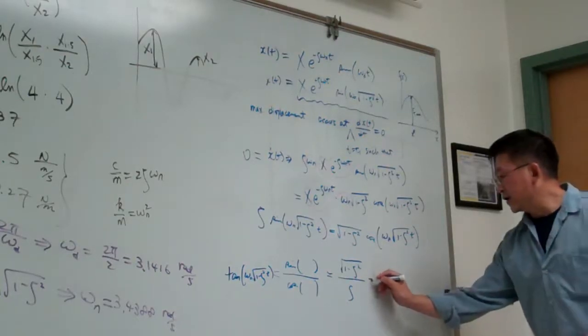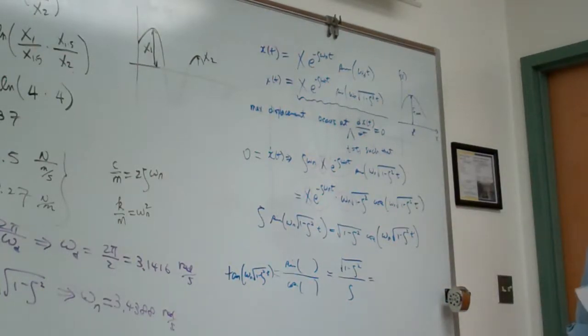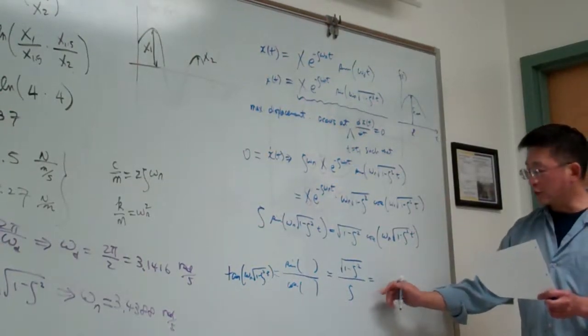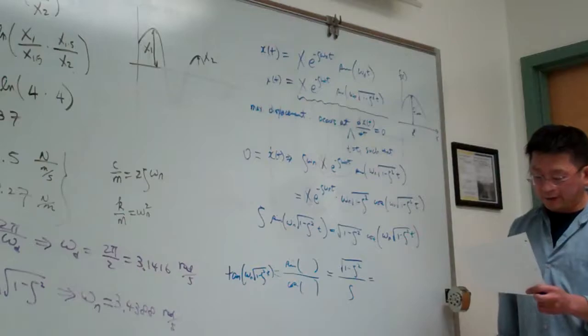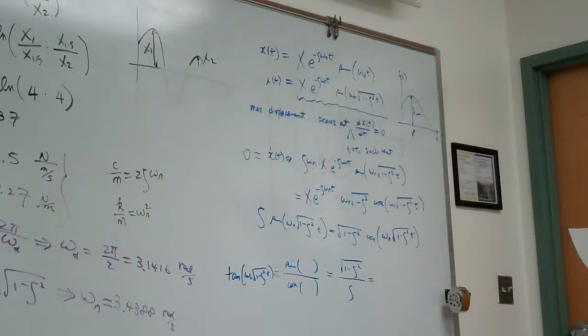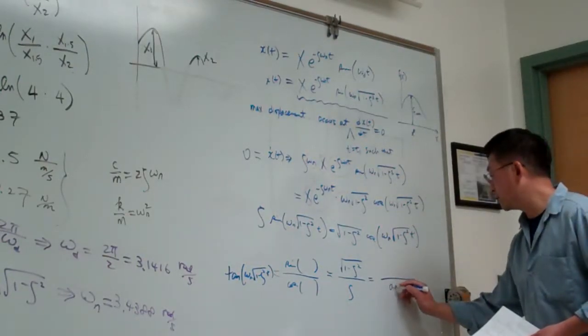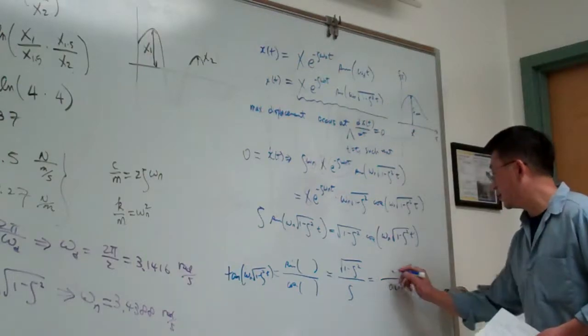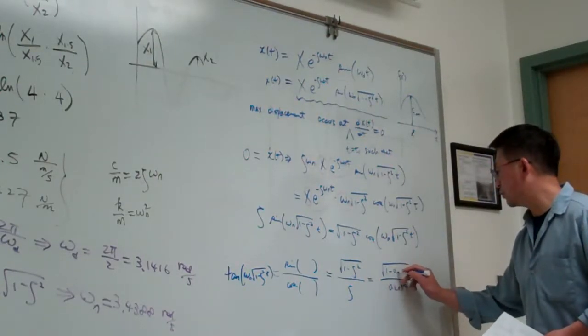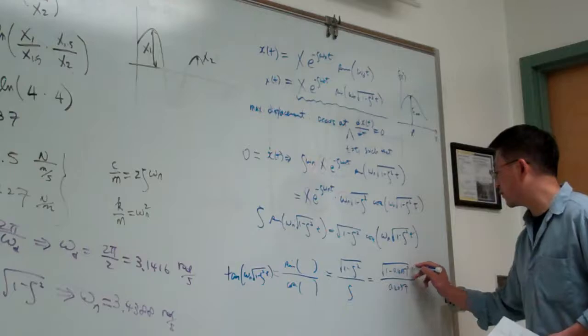So from here, because we already have the damping ratio calculated, by doing this we know this is a number here. So we can plug in 0.4037 and 1 minus 0.4037 squared.